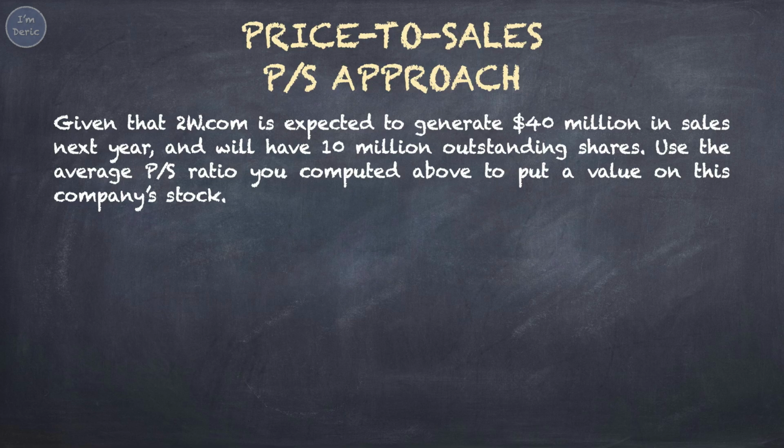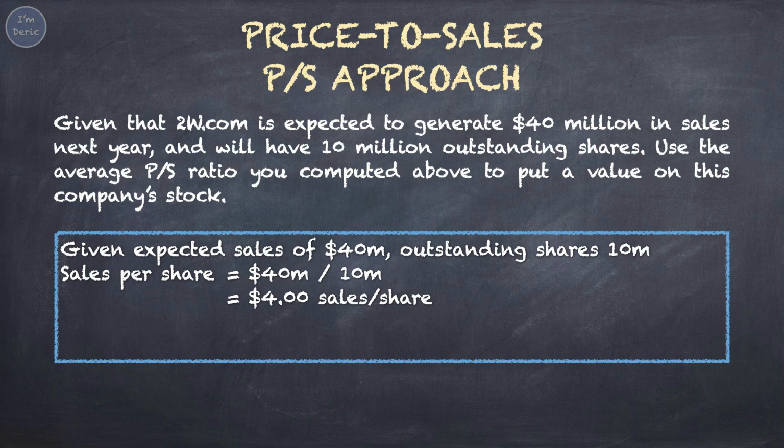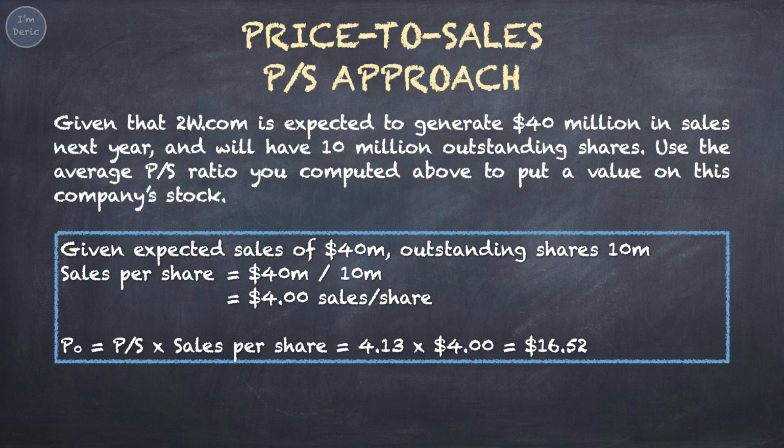Use the average PS ratio you computed above to put a value on this company's stock. Based on the expected sales and number of outstanding shares, sales per share can be calculated by taking $40 million over 10 million, you'll get $4 sales per share. By using the formula, take PS ratio times sales per share, 4.13 times $4, then you will get an intrinsic value of $16.52.